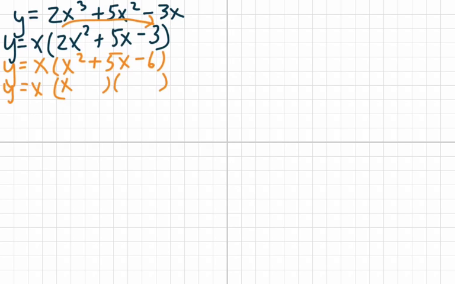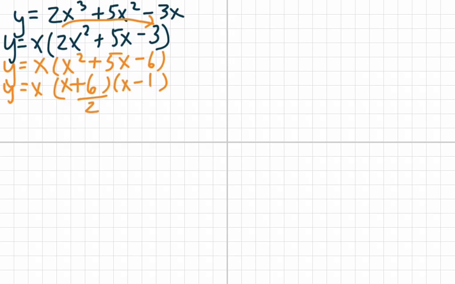You might think, oh, 2 and 3 add up to 5 and they multiply to 6, except you're not going to get the right sign there. If you do positive 2 and positive 3, yes, they'll add up to positive 5, but they'll multiply to positive 6. So what you actually need is positive 6 and negative 1. If you add those, you'll get 5, and if you multiply them, you'll get negative 6.